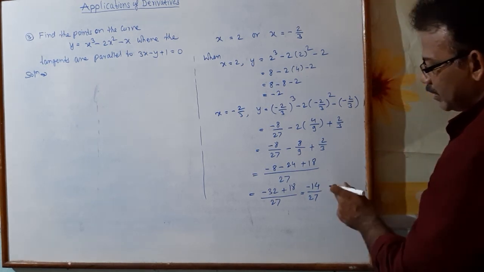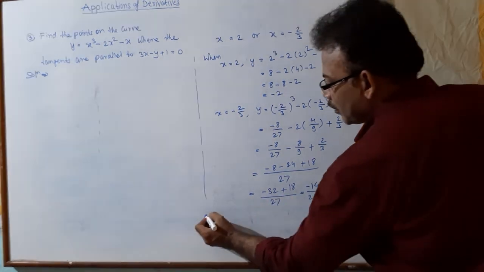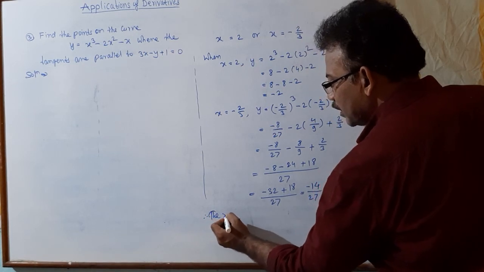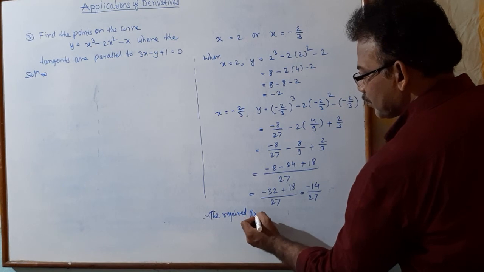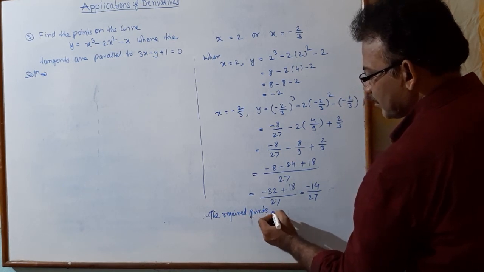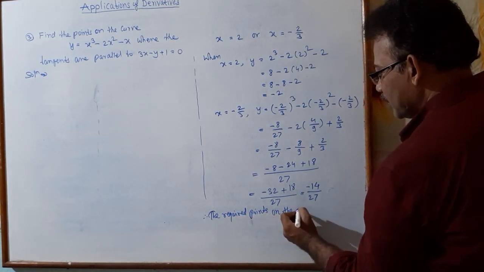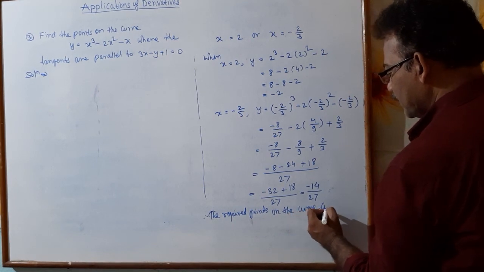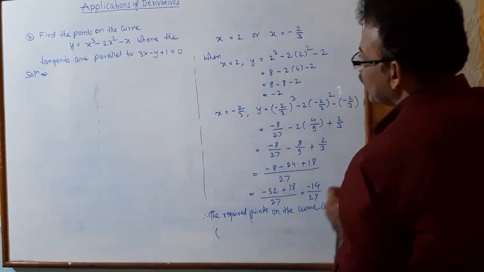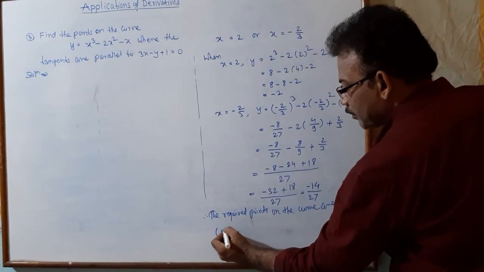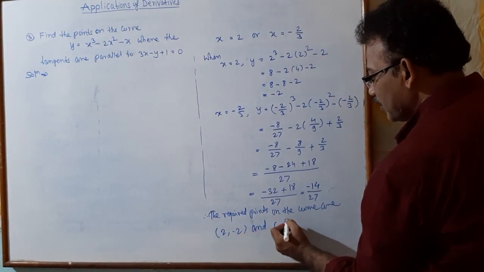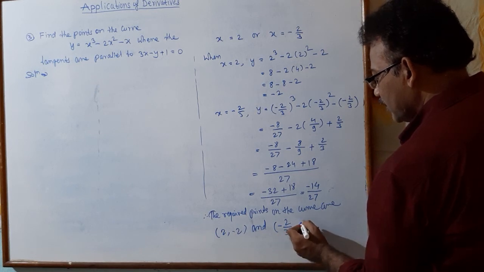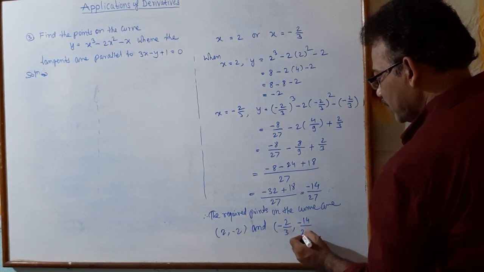Minus 14 by 27 is the y coordinate, and therefore the required points on the curve are, first point is 2 comma minus 2, and second point is minus 2 by 3 comma minus 14 by 27.